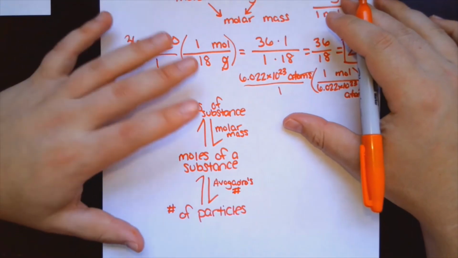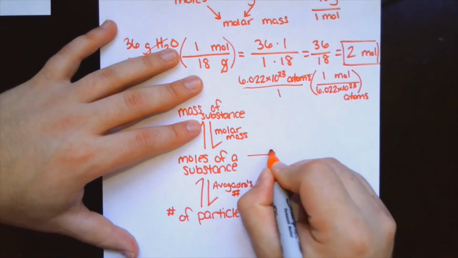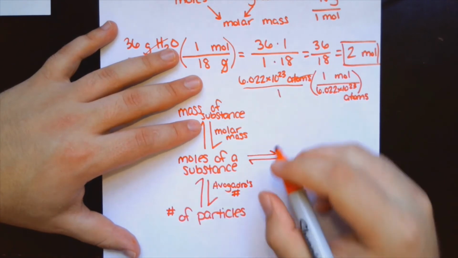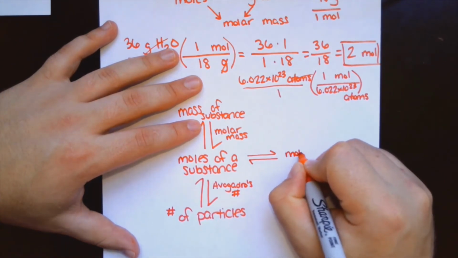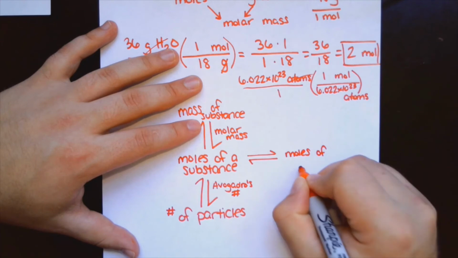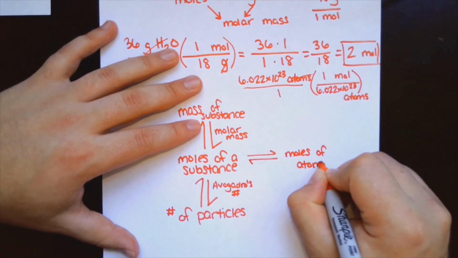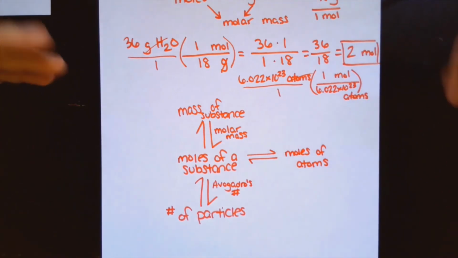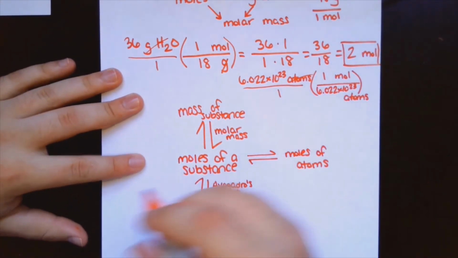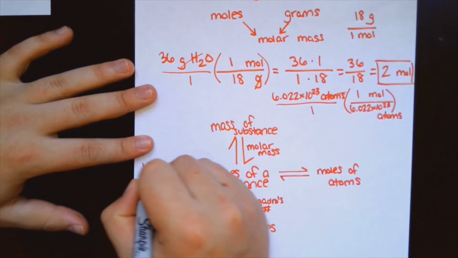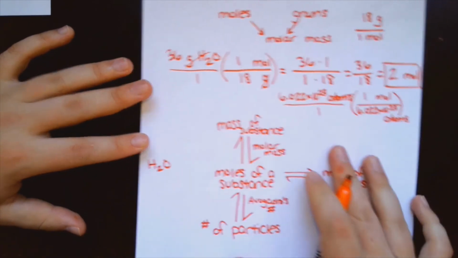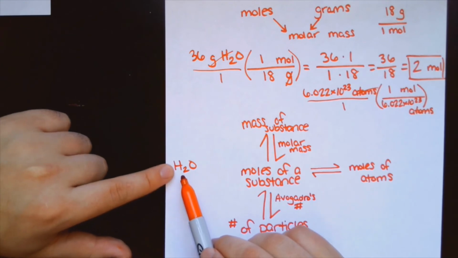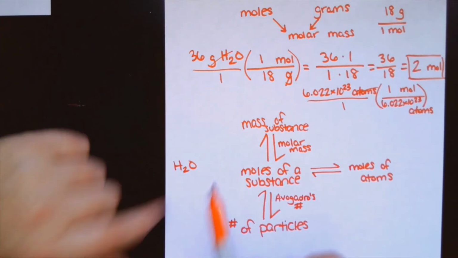You can also use a mole-to-mole ratio to figure out the number of moles of atoms. So, for instance, with water: water is H2O. In one molecule of water, we have 2 hydrogen atoms and 1 oxygen.